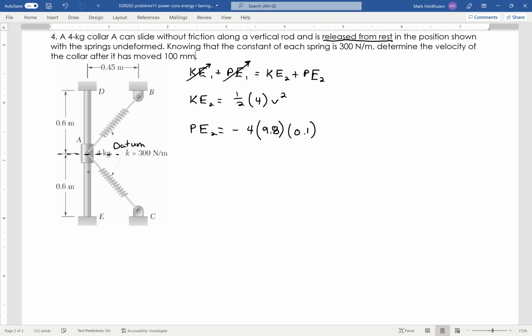What's happened here is I'm at this new position, which has moved down 0.1, and I have new lengths of springs here. Initially, the length of each spring is 0.75, because it's a 3, 4, 5 triangle initially. If you don't believe me, you can look at it for yourself.